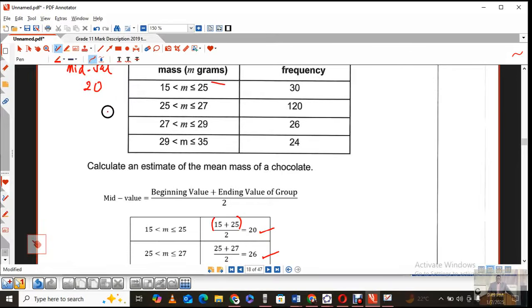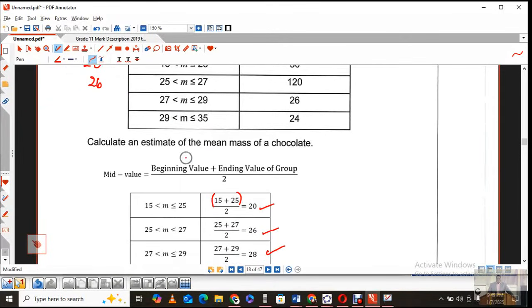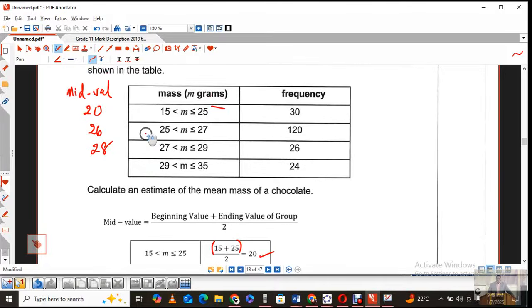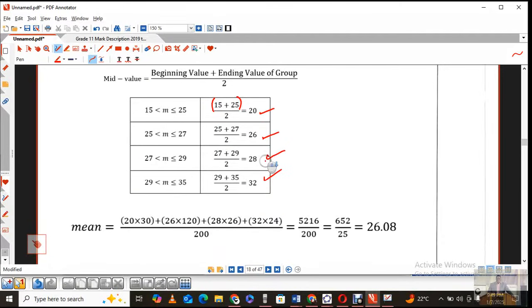From here, adding these two, divide by 2 is 28, and here the mid value, 29 plus 35, divide by 2 is 32. Now you take the mid value and multiply by the frequency: 20 times 30 plus 26 times 120 plus 28 times 26 plus 32 times 24. And you divide it by the number of chocolates, in this particular case, 200.